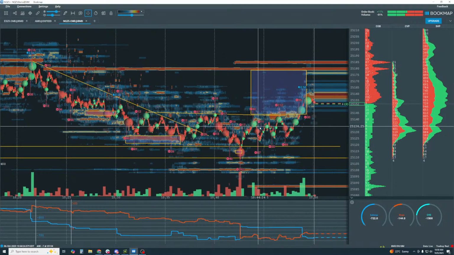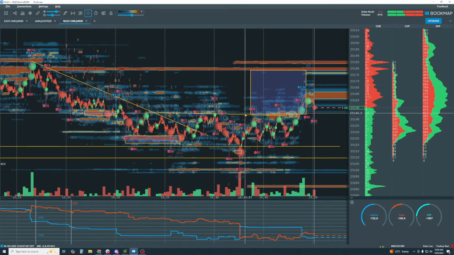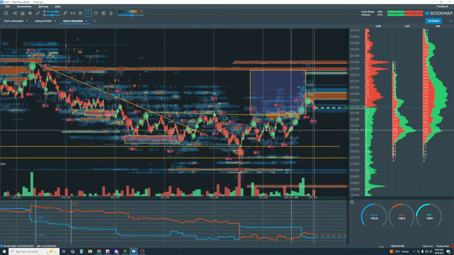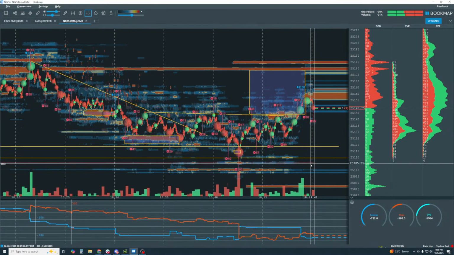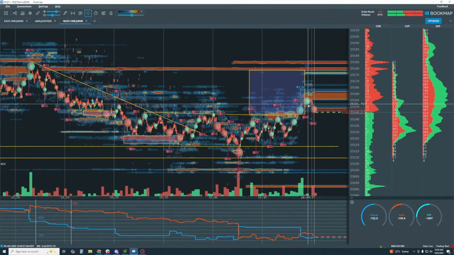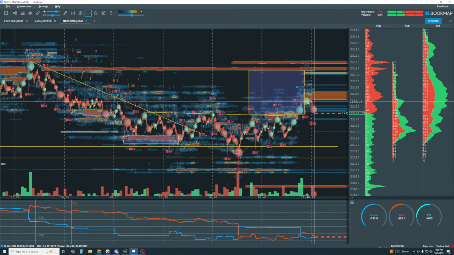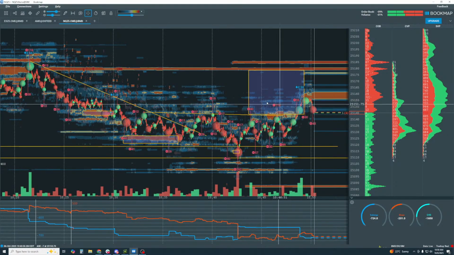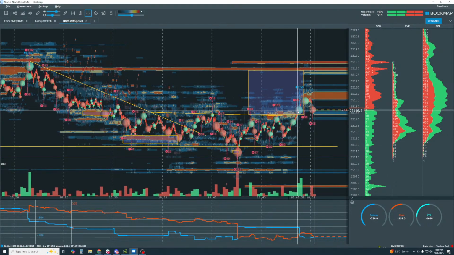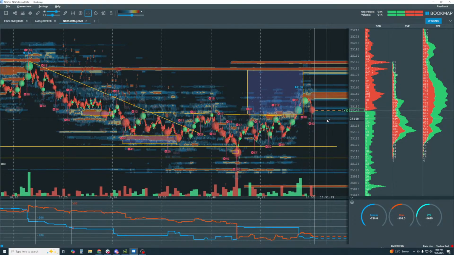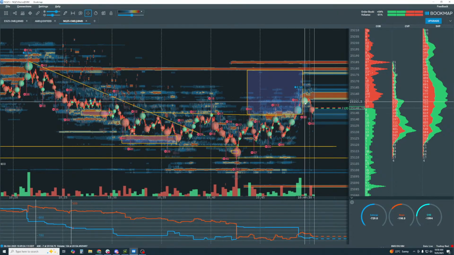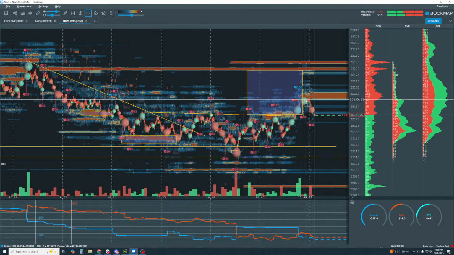Not so good for the setup, but it's turning into kind of an inverse head and shoulders. So if we're looking for this to go higher, what are we leaning on? What kind of support do we have in here that helps us stay with this trade and keep buyers in and sellers away?